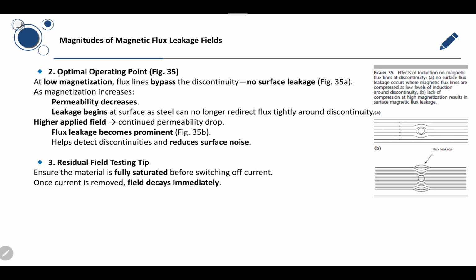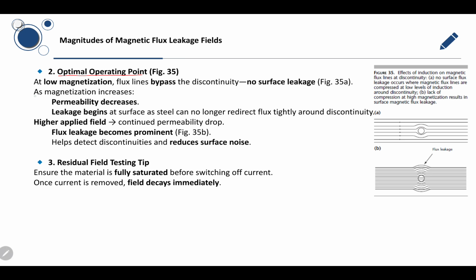The next one is optimal operating point. At low magnetization, the magnetic flux lines tend to bypass the discontinuity without creating significant surface leakage. You simply won't see the flaw.